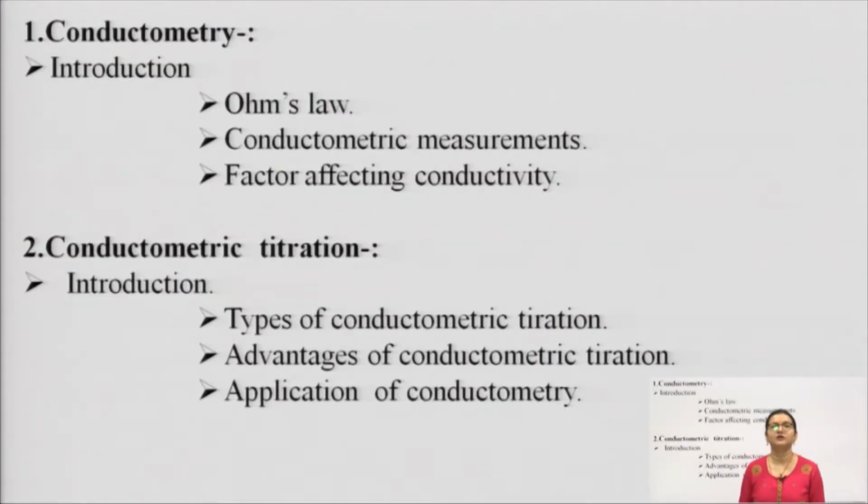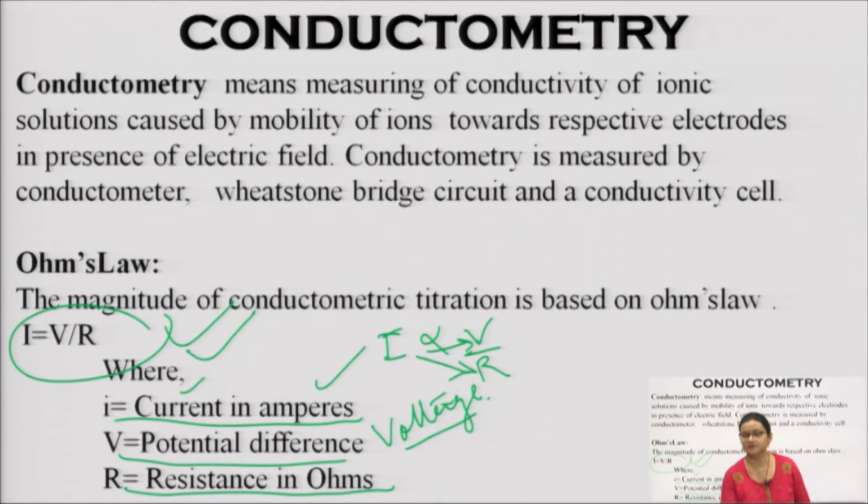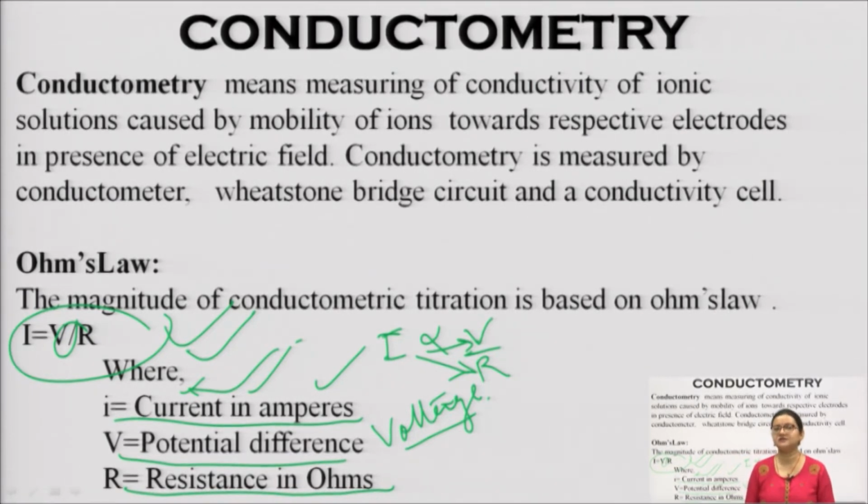By Ohm's law, we can see that very well: if V changes, then I will also definitely change. So measuring I, the current in amperes, gives the voltage or electrode potential, which again depends upon the conductance, or the number of charged ions in the analyte solution or test solution which is to be determined.